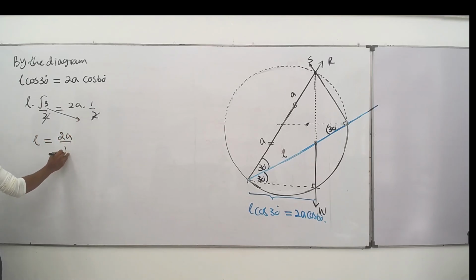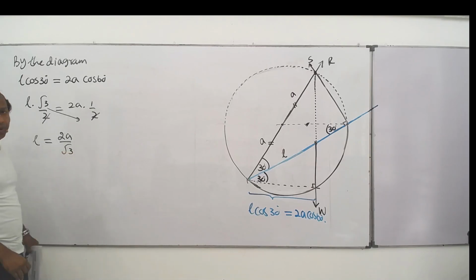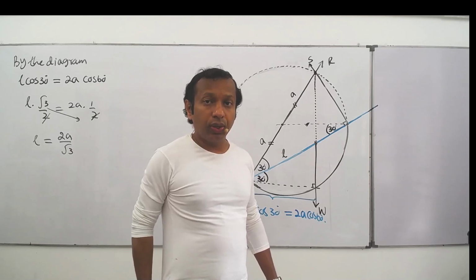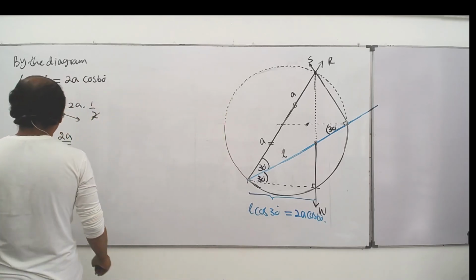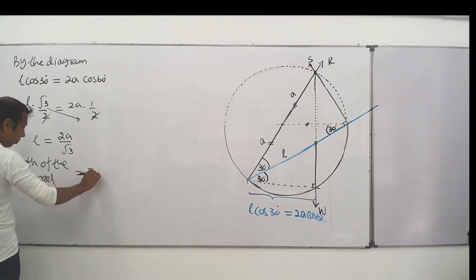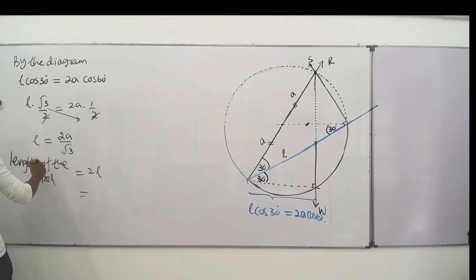Then L is 2A over root 3. So this L means half of the length. Then whole length of the rod is 2L. So therefore length of the rod, 2L no? Multiply by 2, 4A over root 3.